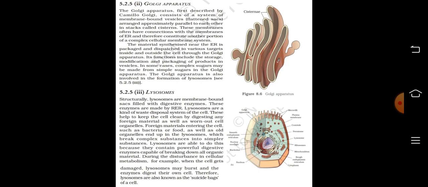Foreign materials entering the cell, such as bacteria or food, as well as old organelles, end up in the lysosomes, which break complex substances into simpler substances. Lysosomes are able to do this because they contain powerful digesting enzymes capable of breaking down all organic material.